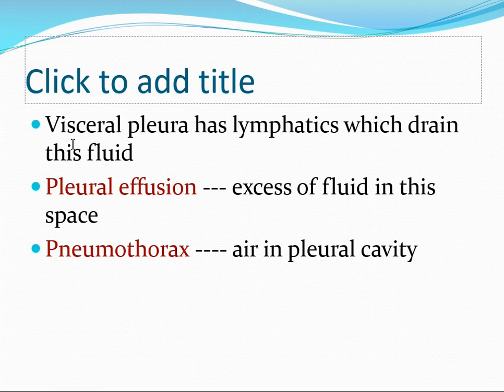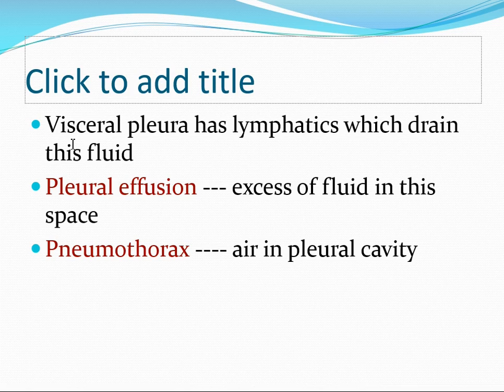And because the parietal pleura keeps on producing the fluid, somebody needs to suck it out. So what the visceral pleura does is it has lymphatics which keep on draining this fluid. So the parietal pleura produces the ultrafiltrate through its blood vessels, and the visceral pleura through its lymphatics keeps on draining it out.